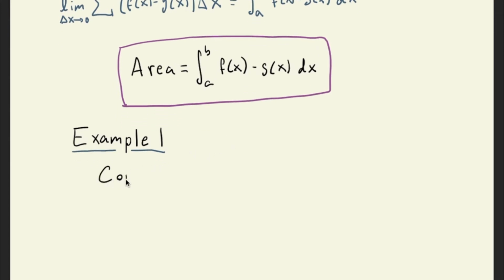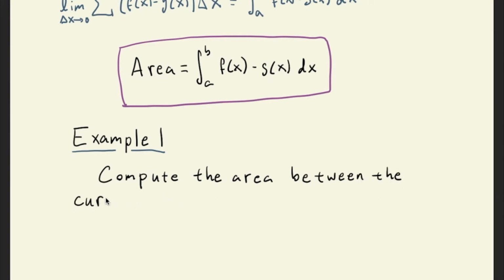Compute the area between the curves y equals x squared and y equals 2x minus x squared.